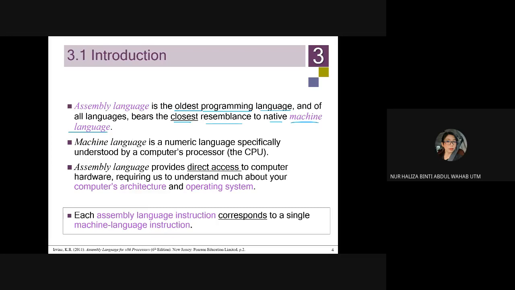So machine language is a numeric language specifically understood by your computer. So assembly is the closest to your machine language. And assembly language provides direct access to computer hardware, and requires us to understand much about your computer architecture and operating system.